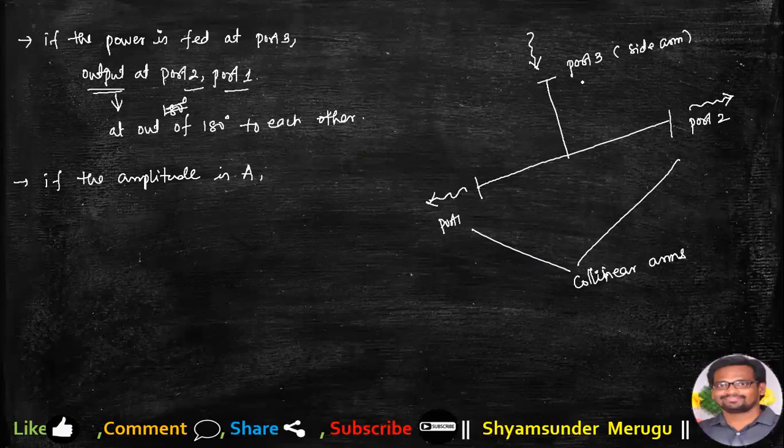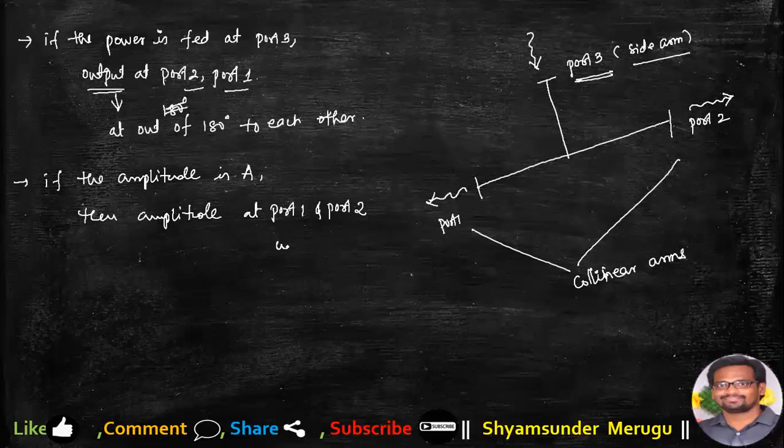Now if the amplitude of the signal at port 3 is A, that is, if we give the signal at the side arm with amplitude A, then the amplitude of the signal at port 1 and port 2 will be A over root 2.